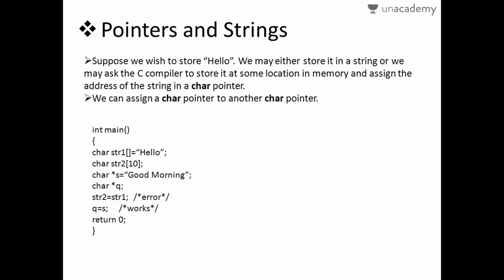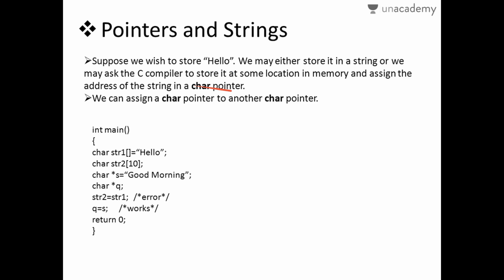When I come to pointers and strings, pointers, as we know, are used for storing the address of a variable, and strings are arrays of characters. Suppose we wish to store "hello", then we have to either store it in a string, or use a character pointer for doing so.